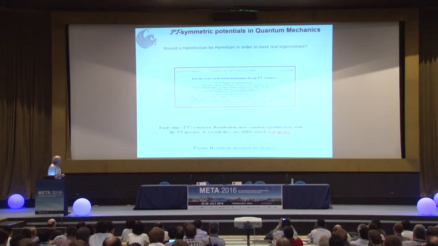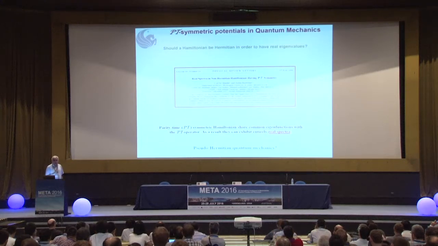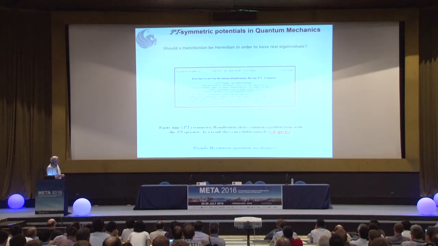But surprisingly, and this is what they found, there is a large class of Hamiltonians that by no means are Hermitian, but even then, they exhibit entirely real spectra. This type of Hamiltonians is better known as parity time symmetric Hamiltonians. These are Hamiltonians that commute with the parity time operator.